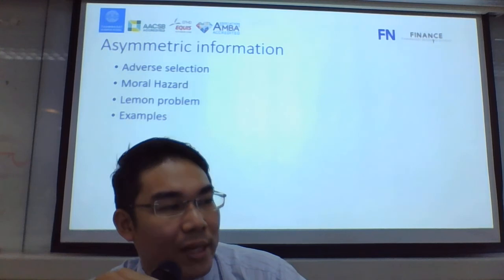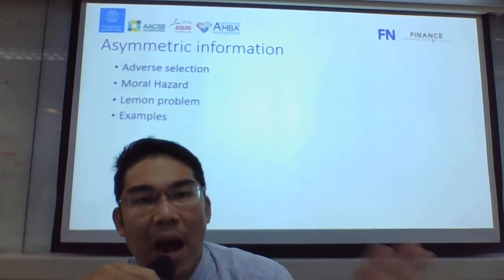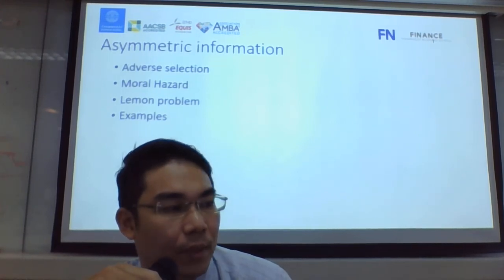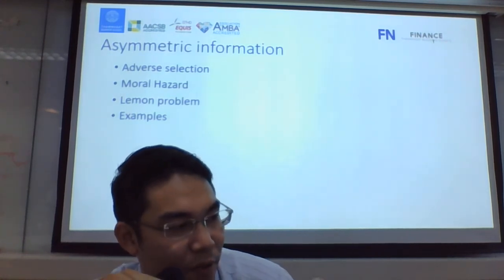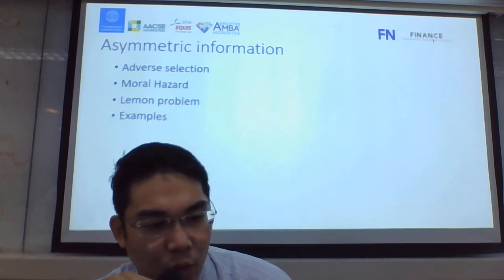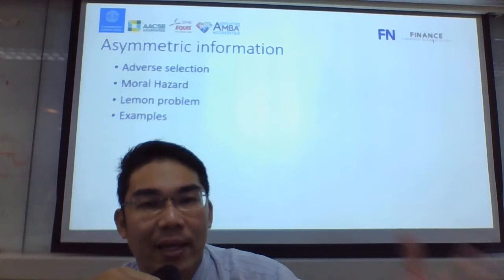Okay. What is asymmetric information? Asymmetric information is the disparity of information. Why do we call it the disparity or why do we call it asymmetric? Because when we engage in financial transaction, the simple one is the borrowing and lending, right?